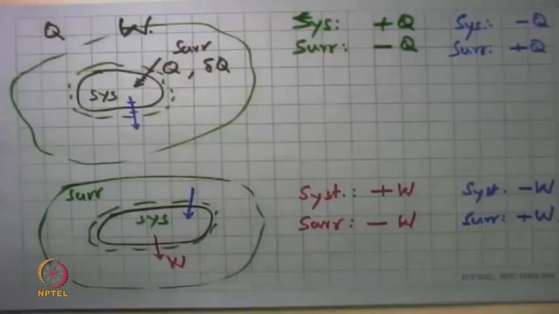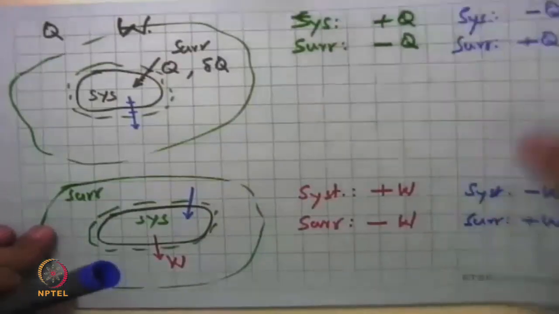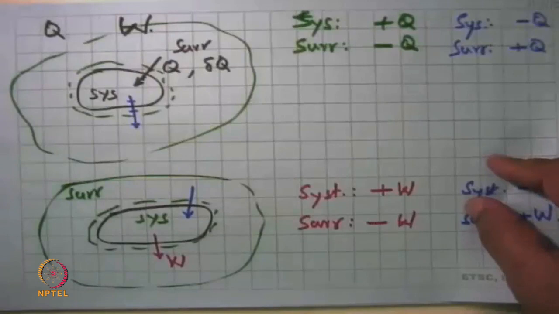It will come back again when we look at the second law of thermodynamics. Having defined this in the context of system and surroundings, the effect on the system will be opposite of the effect on the surroundings. That's another thing that I wanted to cover.